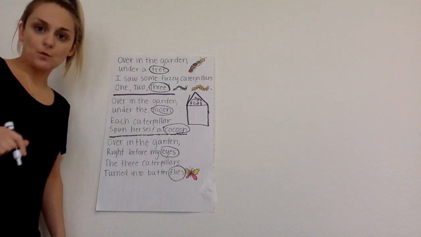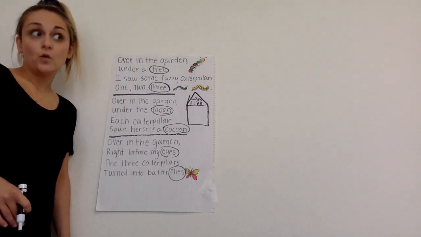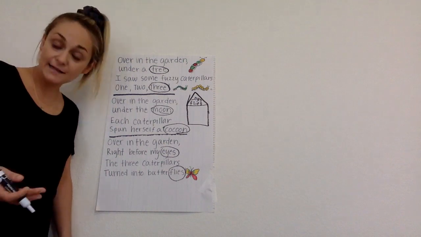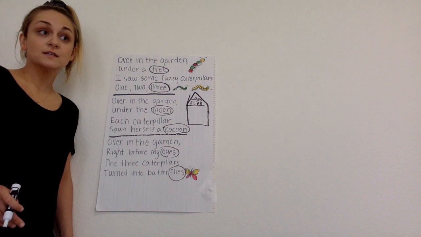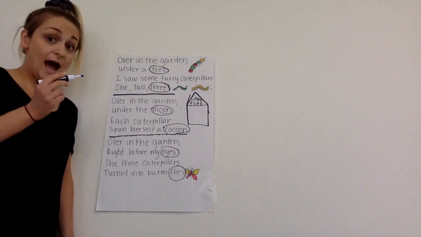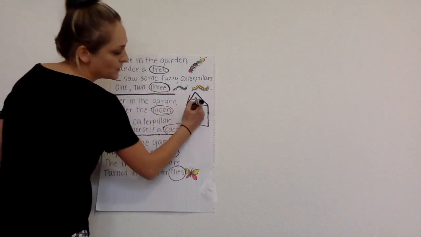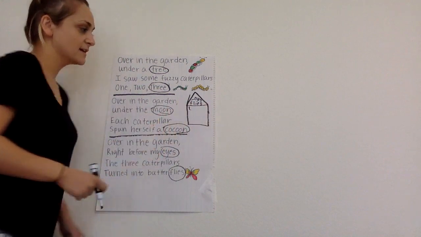So give me a word that rhymes with flies. Eyes. What about buys? Dies. Size. There are a lot of words that rhyme with eyes and flies. So I'm going to write the word size. Flies.